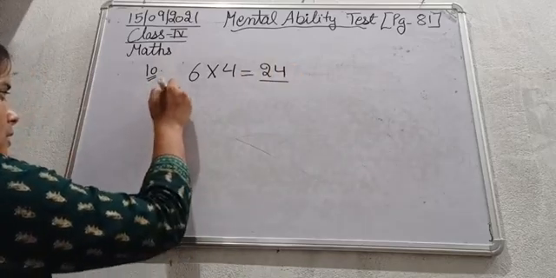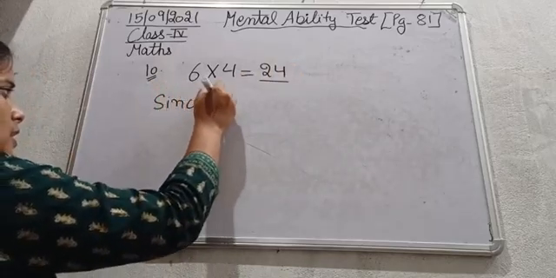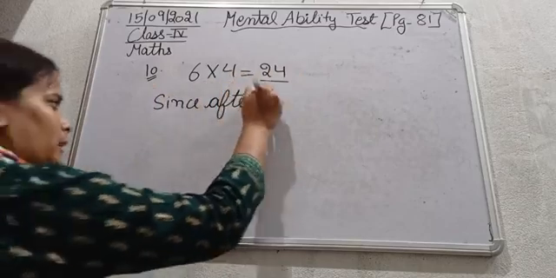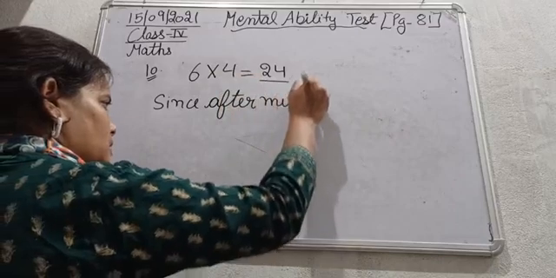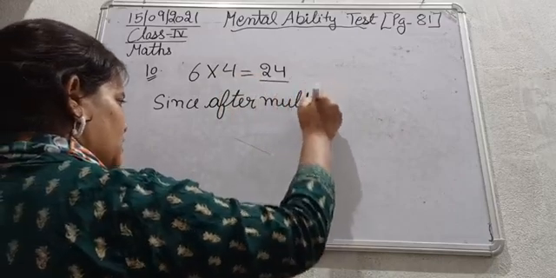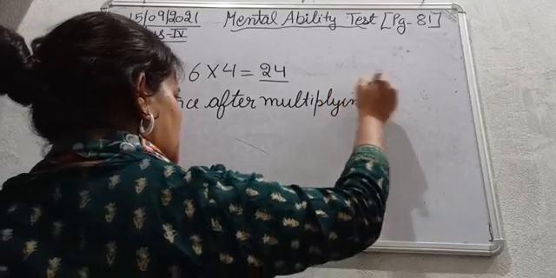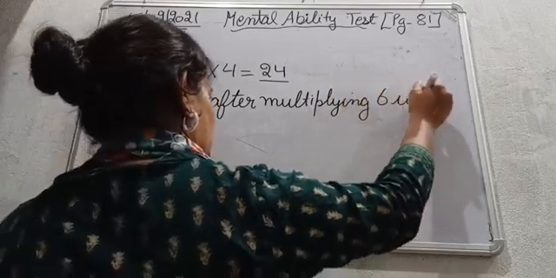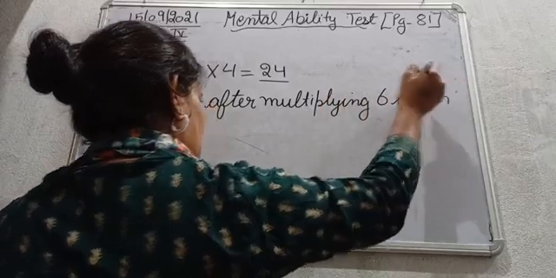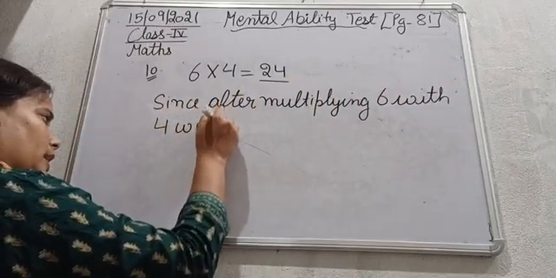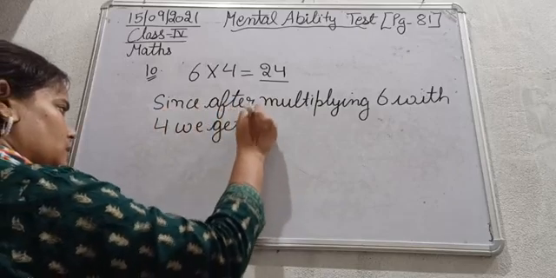Since after multiplying 6 with 4, we get their product.